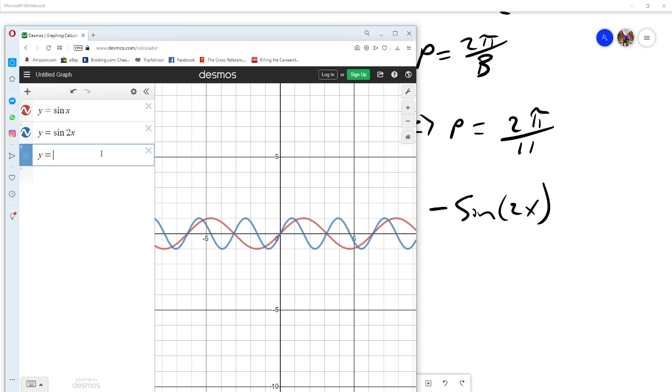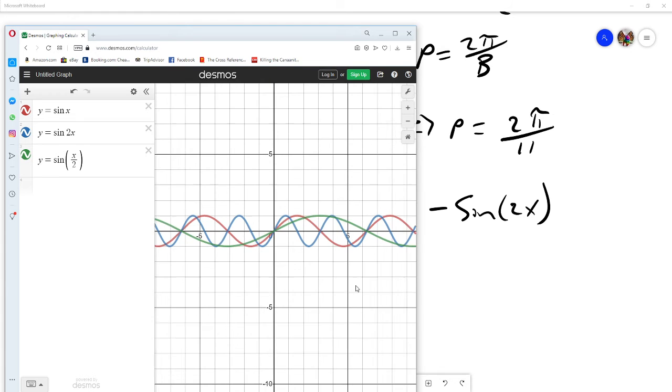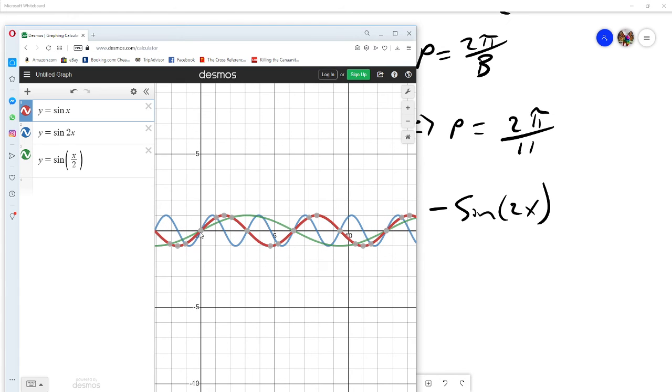Now here's y equals, say, sine of 1/2 times x. So a half times x. Notice how big our period got now. So we start at 0, and notice at 2 pi we're only halfway done. In fact, it goes out to 4 pi.